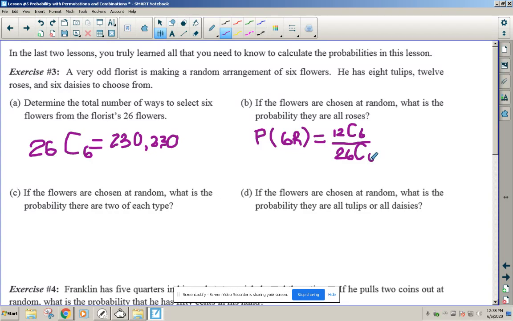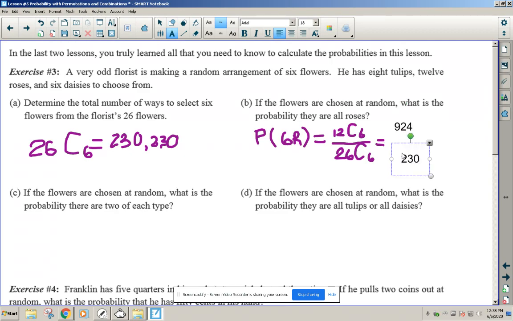And these numbers are big. So what I'm going to do is I'm just going to type the numbers fast. 12 choose 6 gives me 924. And the 26 choose 6, we know, gets us to 230,230. And we put these guys together.